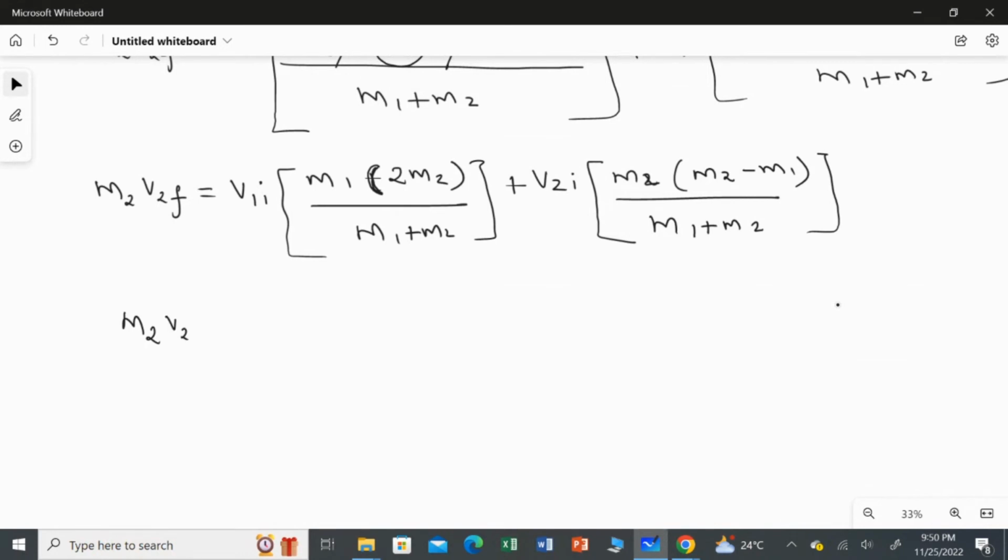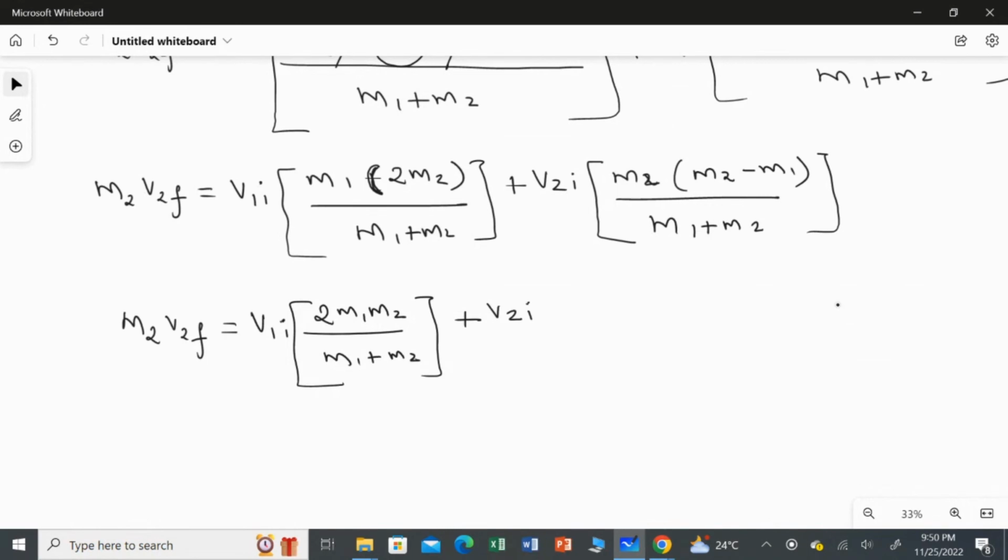So M2 V2 final, which is equal to V1 initial, 2 times of M1 M2 over M1 plus M2, plus V2 initial of M2 multiply with M2 minus M1 over M1 plus M2. Clear?